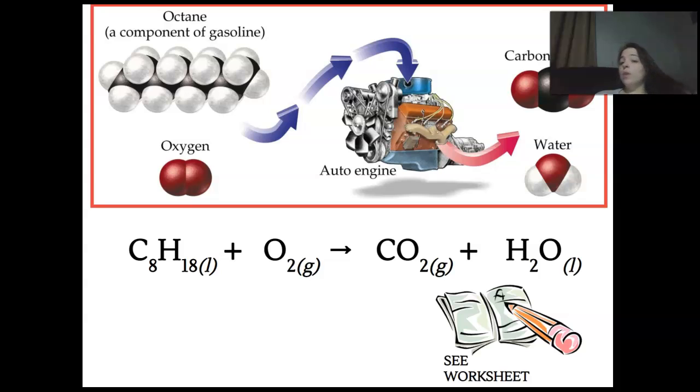Again, start with the carbons, so I would put an 8 right here. And then 18, so if there's 18 hydrogens, I'd put a 9 here. So that's 8 and 2, 16, and 9 is 25. I don't like that. I'm going to multiply everything by 2 just to make my life easier.